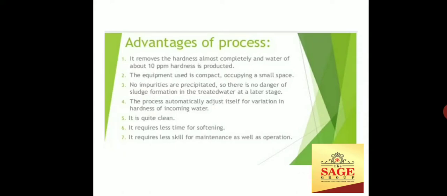The second advantage is that the equipment we have seen is very compact, very small, occupying very little space. The third advantage is that no impurities are precipitated, because in the lime soda process we have seen a lot of precipitates are formed, and there is a lot of mess in disposal of these precipitates, but here there is no precipitate formation, so it is a very clean process.